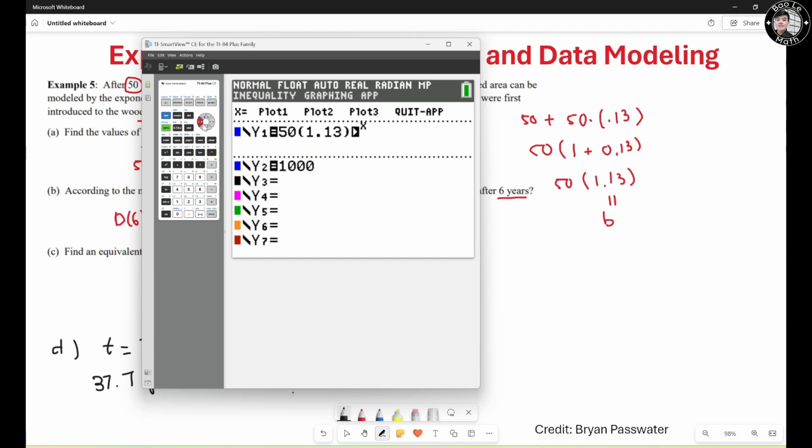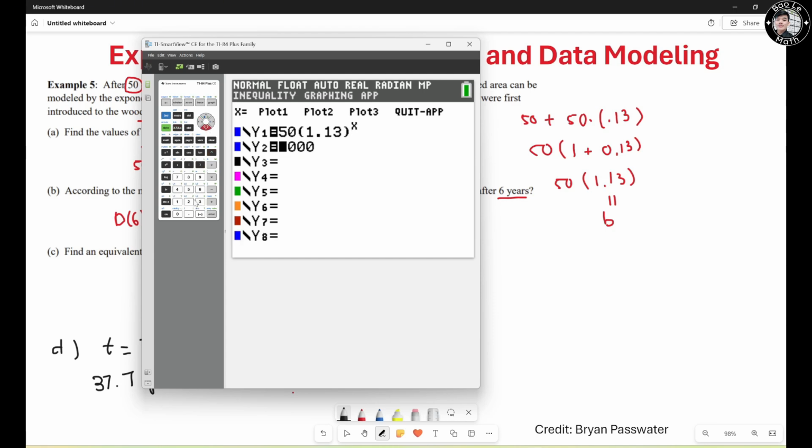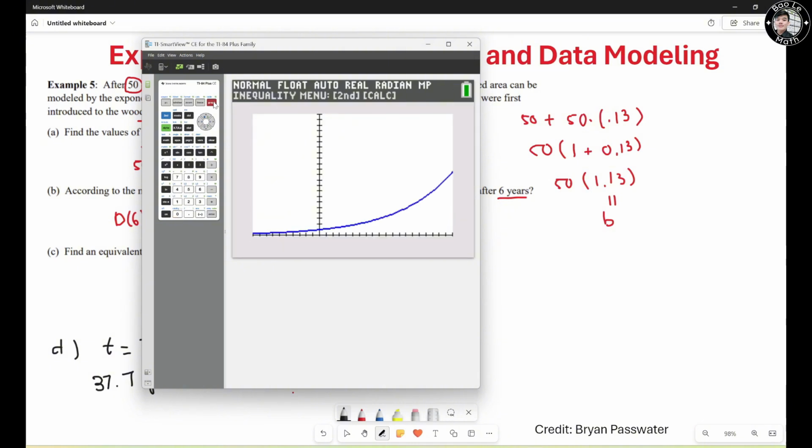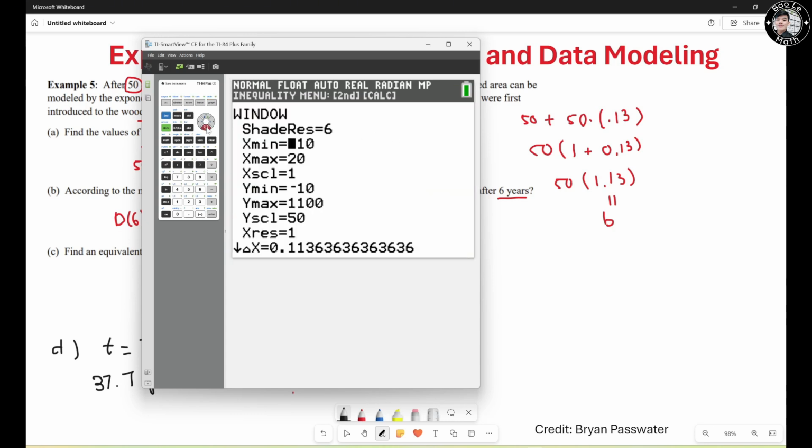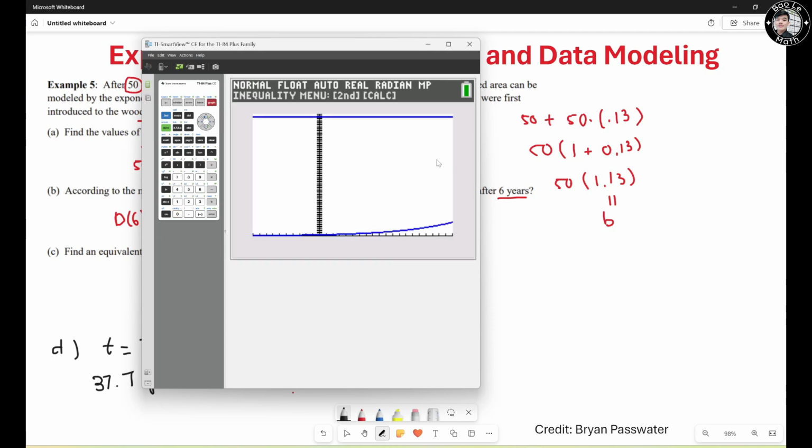Okay, and the second one right here must be 5,000. Alright, so we hit graph. Now the 5,000 doesn't show up. We need to hit window right here. Now we need to adjust the window range. The Y max right here should be 5,100. Alright, and we hit graph. Now it shows up right here.